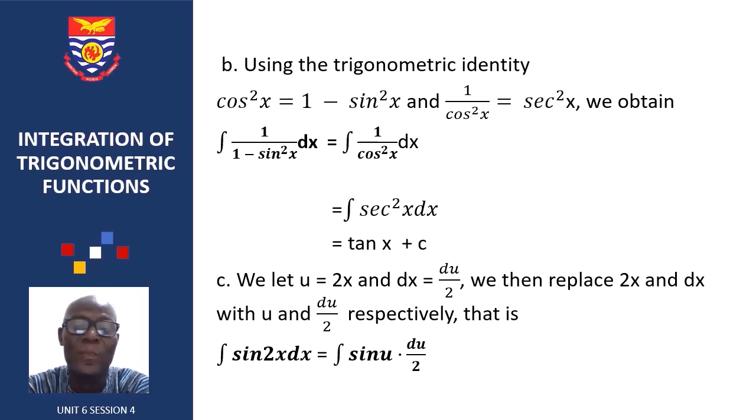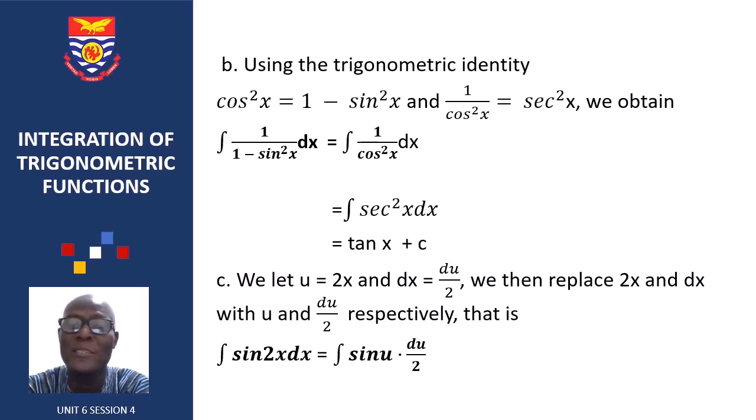C. We let u be 2x so that du over dx is equal to 2. And making dx the subject, we have dx to be du over 2.